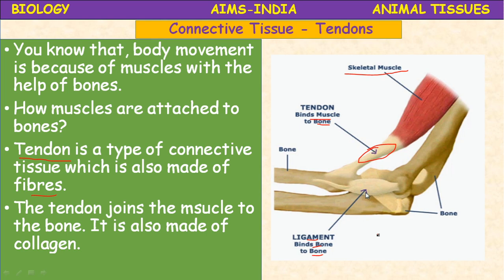Because already muscles are somewhat elastic in nature, they work on a contraction-relaxation mechanism. So these are connective tissues only. Bone, tendon, muscles, these are all connective tissues. Bone is one connective tissue, and muscle is another connective tissue. These two are connected by another connective tissue, that is tendon. See the beauty here.